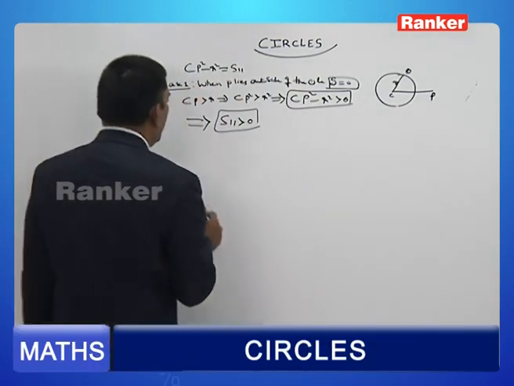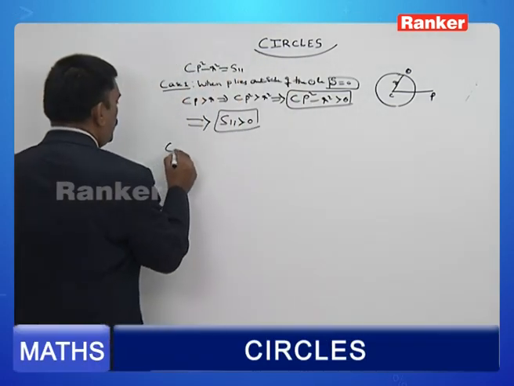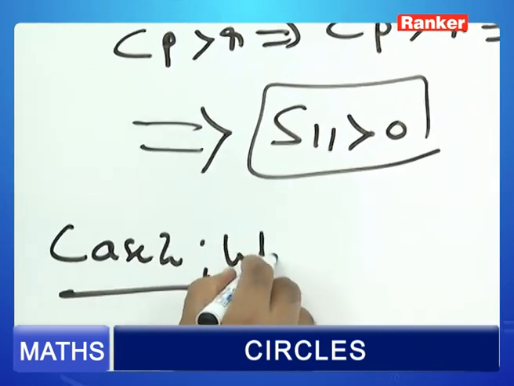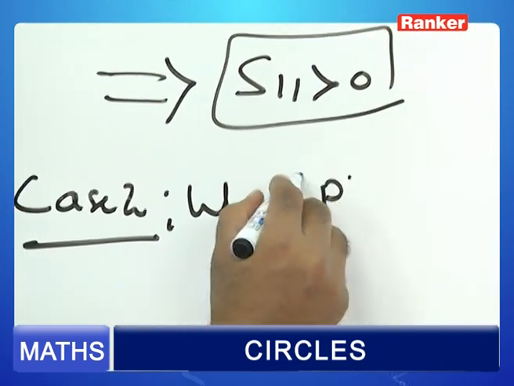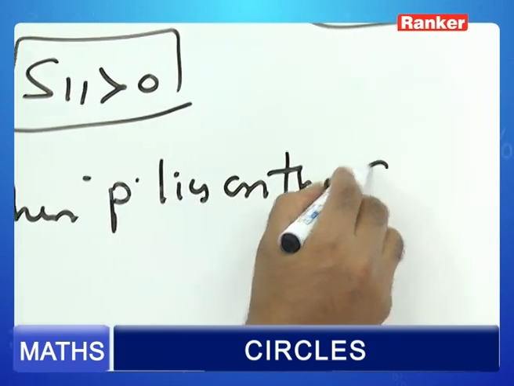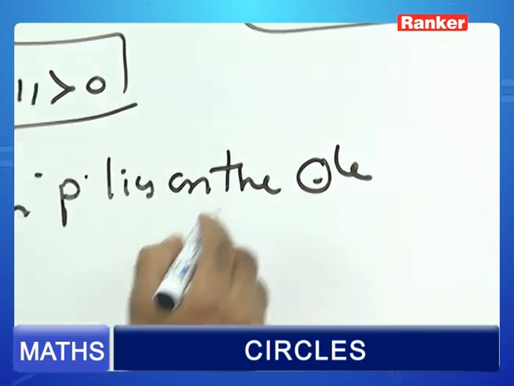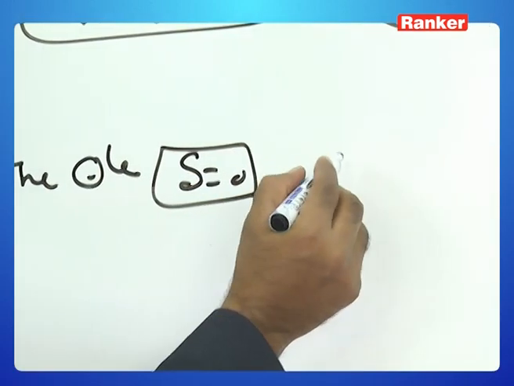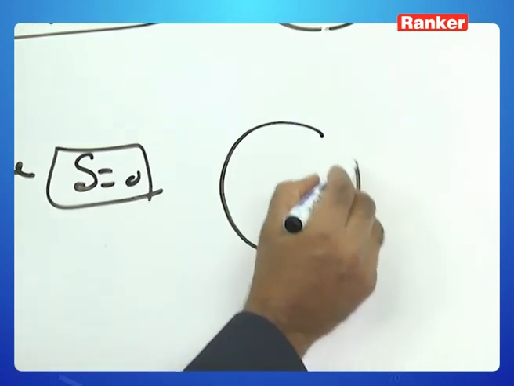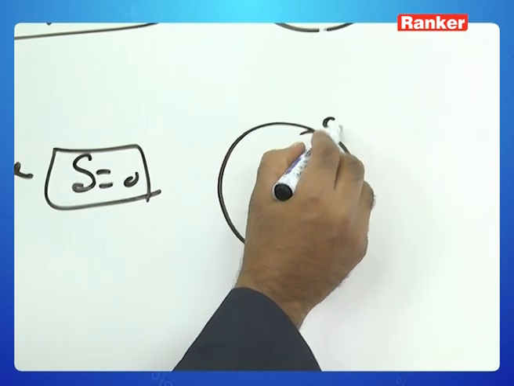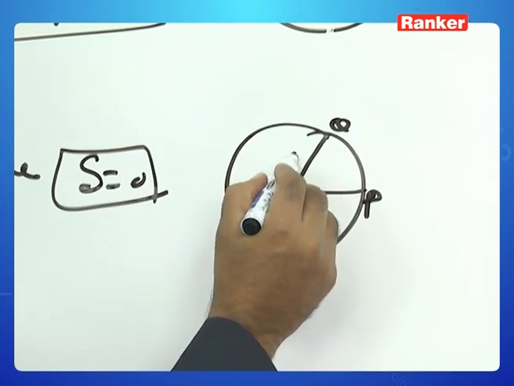Now, next, case 2. Case 2 is when P lies on the circle, S is equal to 0. Let us draw the figure. This is the center, this is P, this is also Q. Therefore, this is also radius.